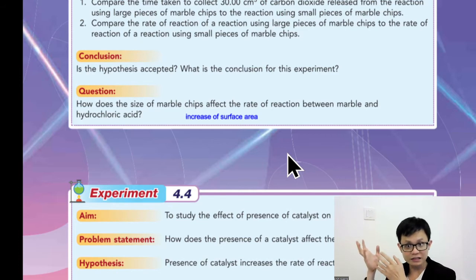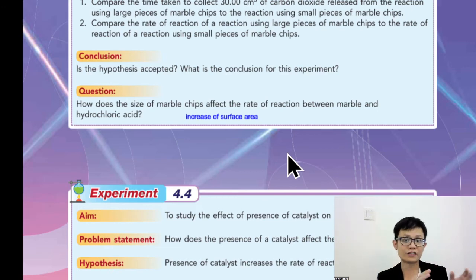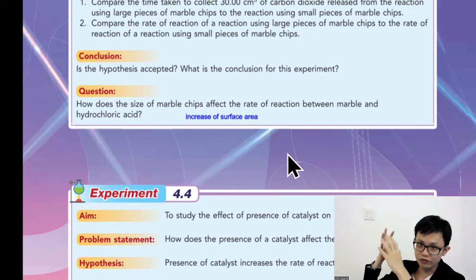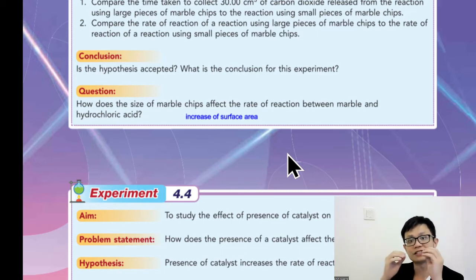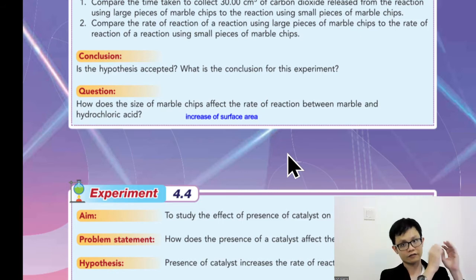The smaller the size of the marble chip, the more it will increase the surface area for the reaction. Since more surface area is exposed to the reactant, the rate of reaction will be faster. You get what I mean or not? The keyword is, if you use more pieces, surface area is increased, faster reaction.